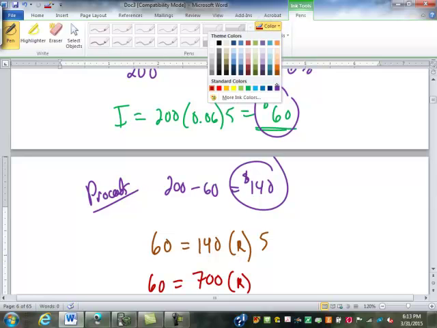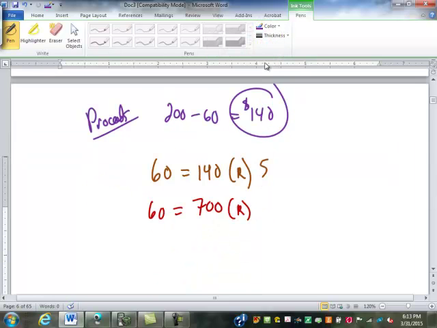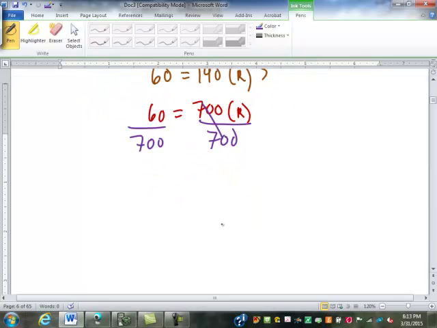And you solve by dividing by 700. So 60 divided by 700 is 0.085714286 approximately. That's your rate. You can double check me, it's right.